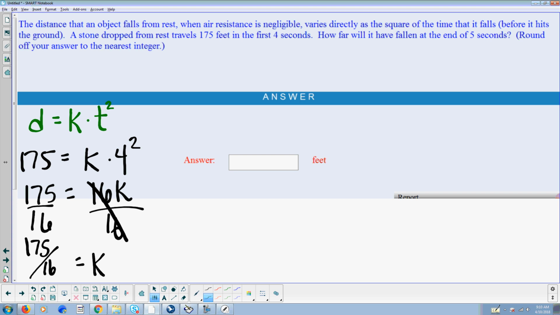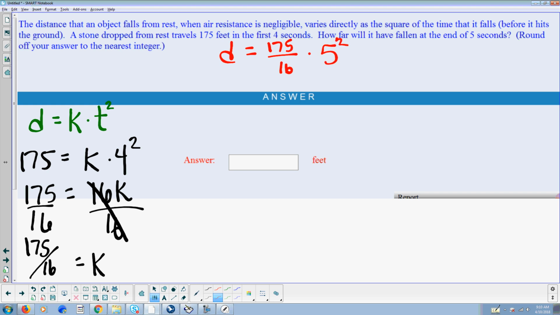All right, step 3. Now that we know what k is, answer the question that was posed at the end. How far will it have fallen? That's talking about distance. What will the distance be at the end of 5 seconds? Well, k is 175 over 16, and we're multiplying by the time, 5 seconds squared.